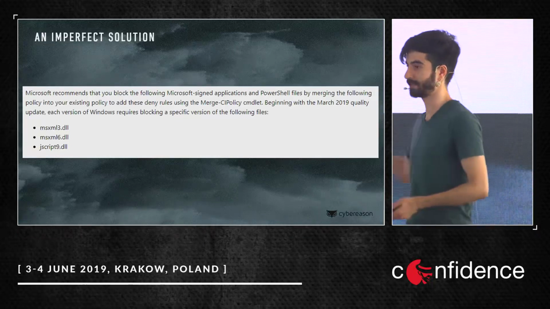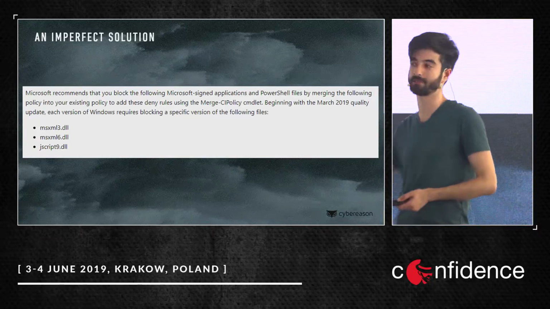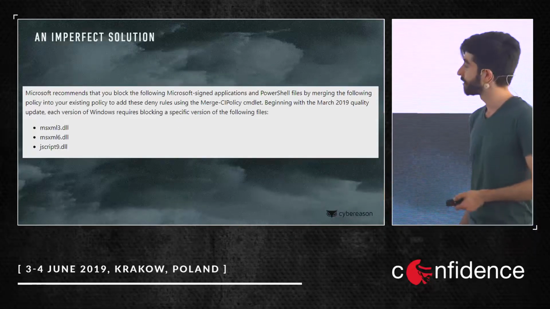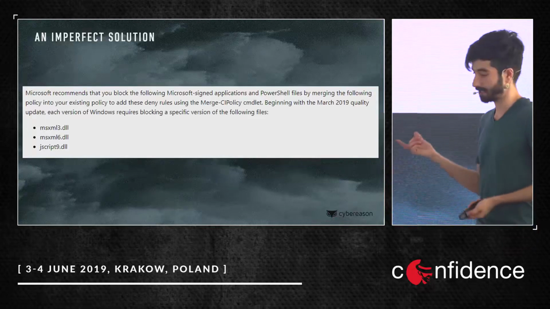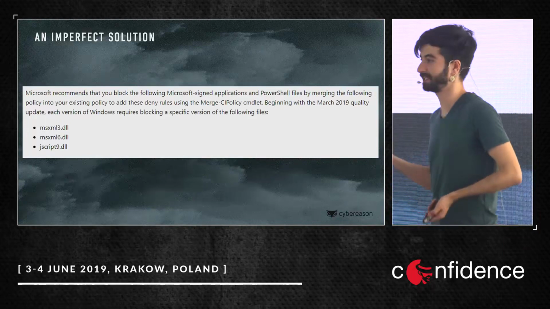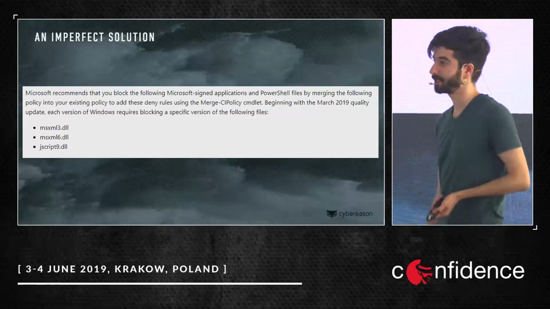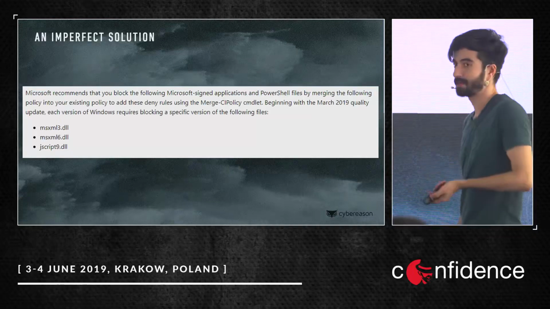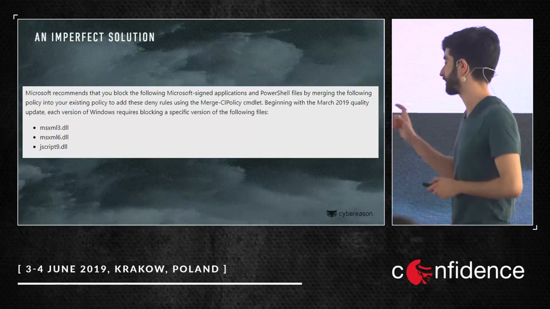So there's just an XML that you add to your policy, and then none of these things can run because they're explicitly blacklisted. But this is really not enough because this doesn't update with every single Windows update, and also, at least up until now, was only relevant to strictly device guard bypasses.